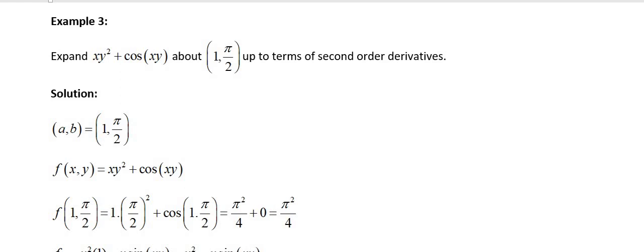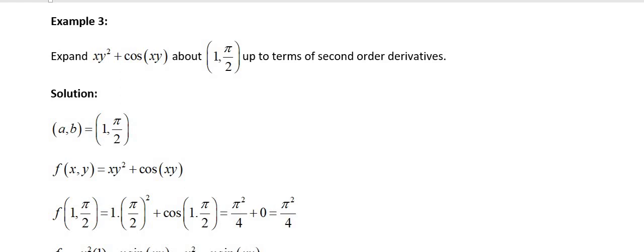So, compare this point with a comma b. Then we know the values of a and b. a equal to 1, b equal to pi by 2. First of all, we are going to find out the value of f at 1 comma pi by 2. So, replace x with 1, y with pi by 2: 1 into pi by 2 whole square plus cos of 1 into pi by 2.